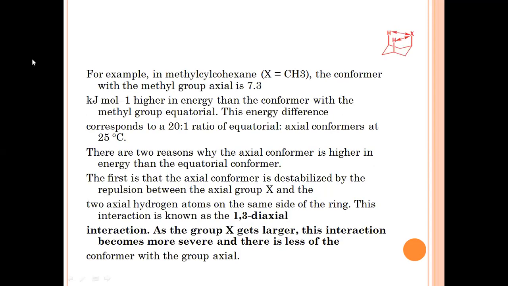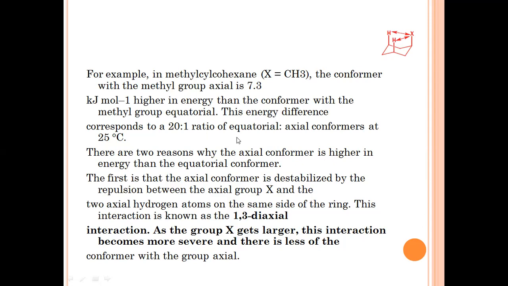Now, for example, if we are talking about methyl cyclohexane, the conformer with the methyl group at the axial position is at 7.3 kilojoule per mole, which is higher in energy than the conformer with the methyl group at the equatorial position. The energy difference corresponds to a 20:1 ratio in favor of the equatorial position.